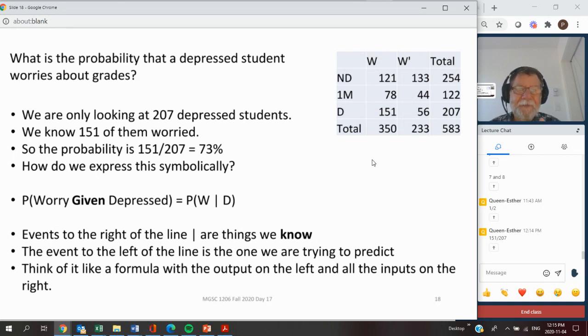So if I asked you, among students that worry a lot, what proportion are depressed? So the general student population, we said 36% are depressed. If we are only looking at those that worry, what proportion are depressed? So among those that are worried, what proportion are depressed?